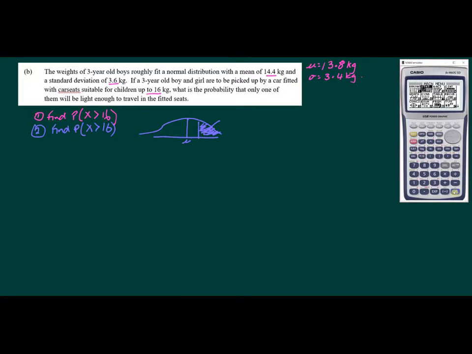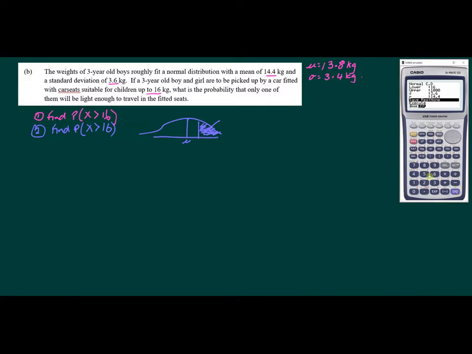I'm going to do heavier in this case, so we'll actually start off with the boys. We go distribution, normal, NCD, and we put in our lower value of 16. We'll put in our upper something ridiculous, like 1,000, then our standard deviation of 3.6 and our mean of 14.4.